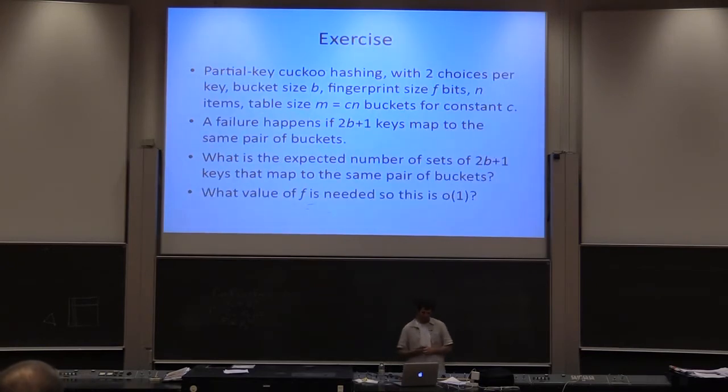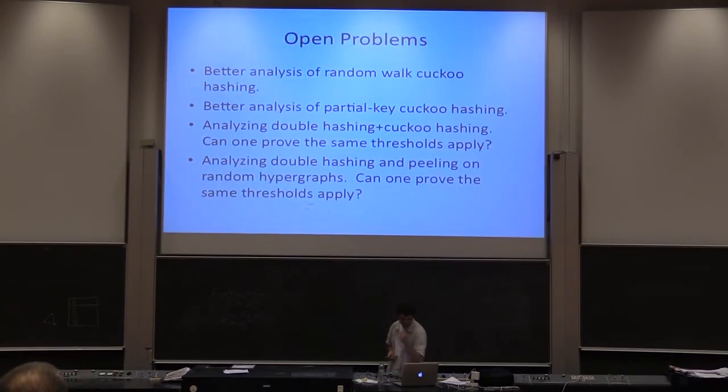And one is the question you asked, showing that partial key Cuckoo hashing can fail, essentially by showing that you can have 2b plus 1 keys, again trying to map into the same 2 buckets, each holding b.